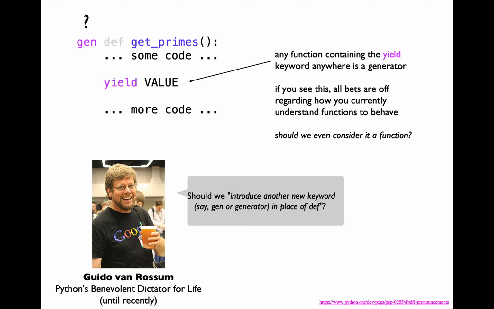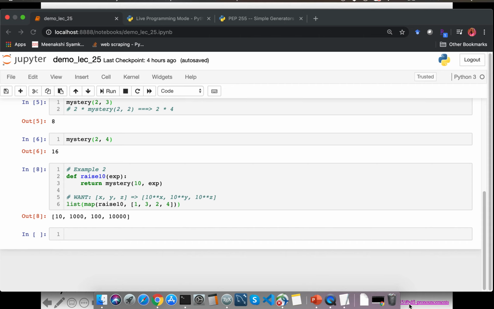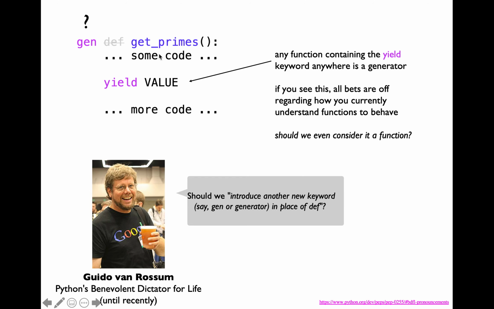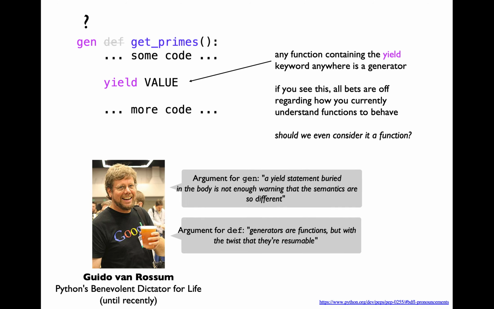In this case, it's whether we should introduce a different keyword for a generator. If you click on this link, you will see what sort of pros and cons he considered in order to deal with this issue, and how exactly he came up with a solution. In this particular case, he decided that a yield statement is not too much of a difference from a regular function definition, so he went with the keyword def instead of the keyword gen.